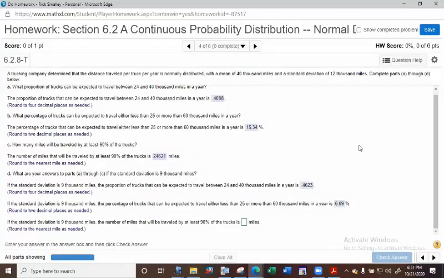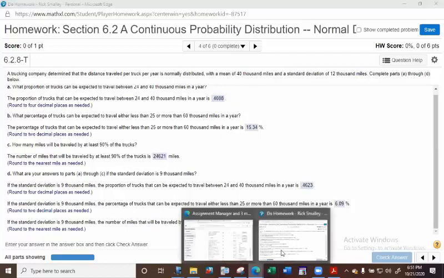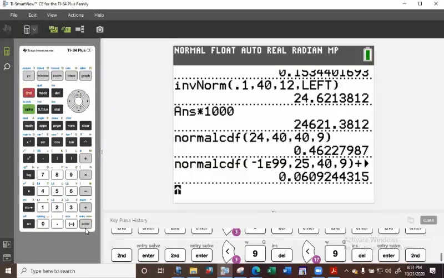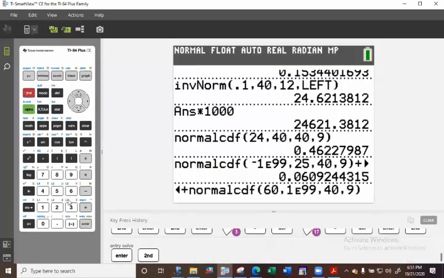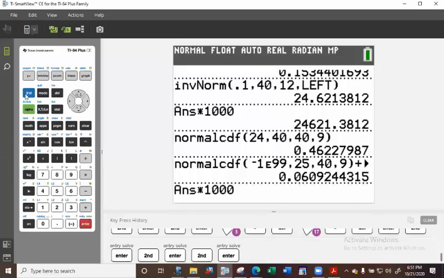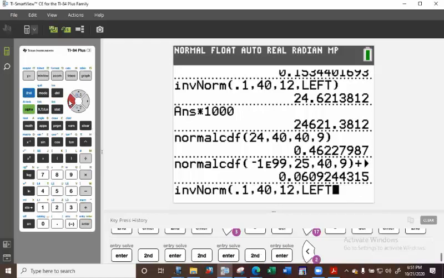And then same thing, at least 90%, and then blah, blah. So all I got to do is second enter my way back to that inverse norm question. Right there, change that to a 9. Yeah, in this case, that second enter is a really nice feature there.